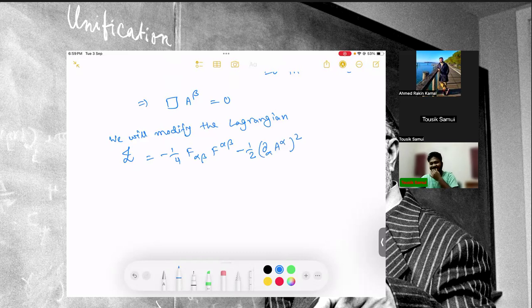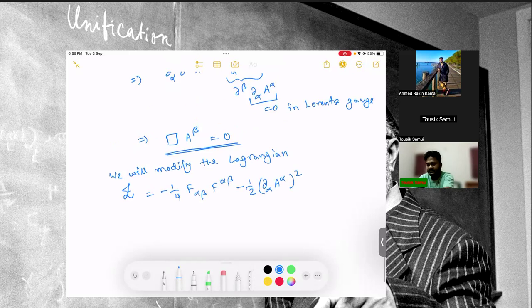Okay, so this is not exactly Maxwell's Lagrangian, but this will give us the same equation of motion as the equation of motion of Maxwell's theory in the Lorentz gauge.